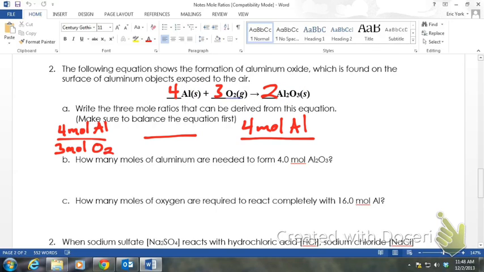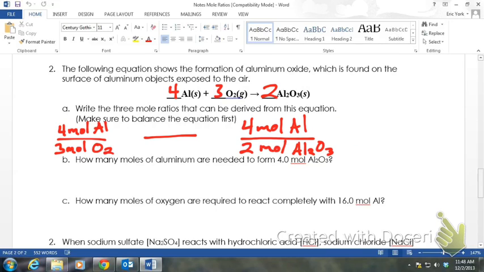So which one goes on bottom? 2 moles of Al2O3. Oh, so I wrote it on the wrong line. Either one's fine. Doesn't matter. Because these are conversion factors, you could actually flip those. Remember we said they can be flipped. Doesn't matter as long as you have that conversion factor.